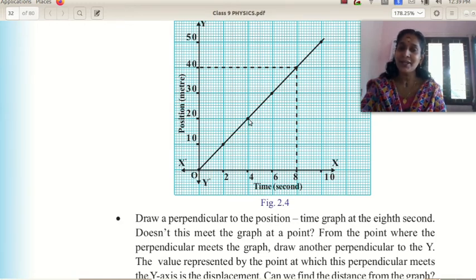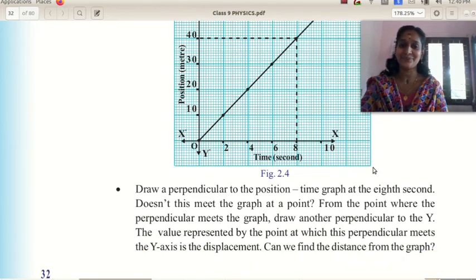If we are not sure, we can draw a perpendicular towards the point from the x-axis. At the 6th second it moved to 30 meter. At the 8th second it moved to 40 meter. Our fan's car moved to 40 meter.